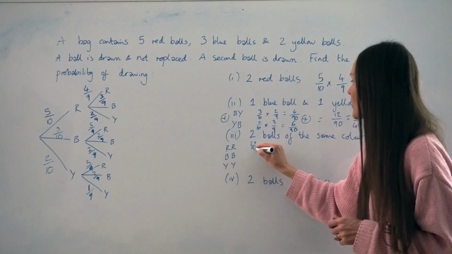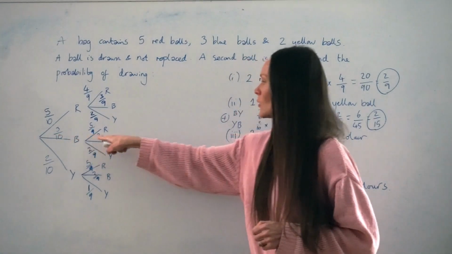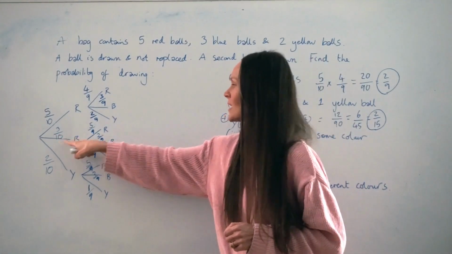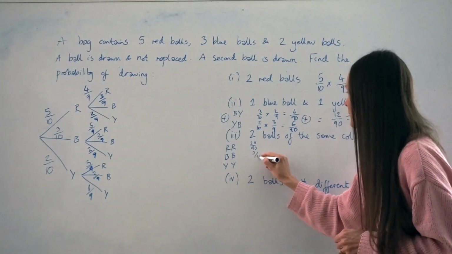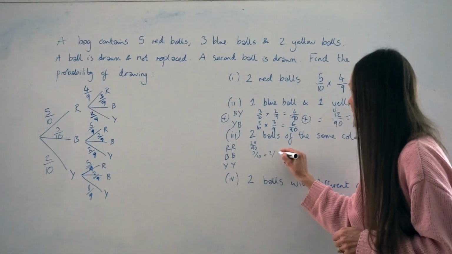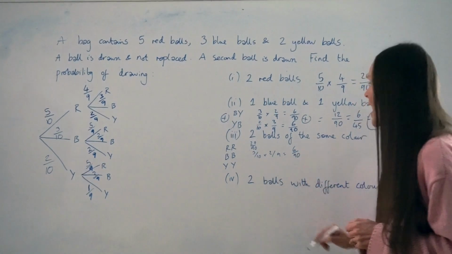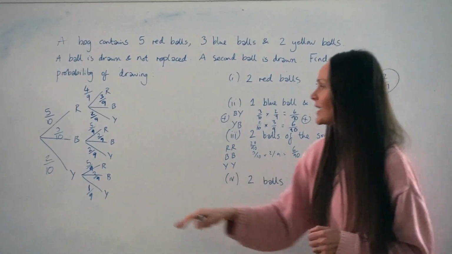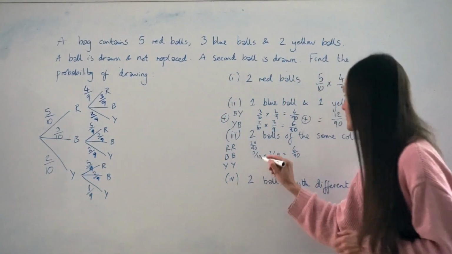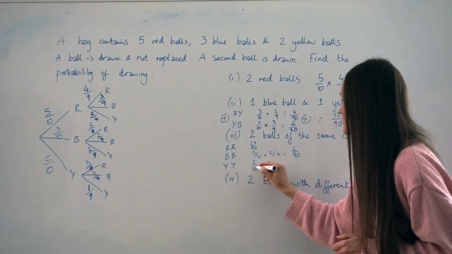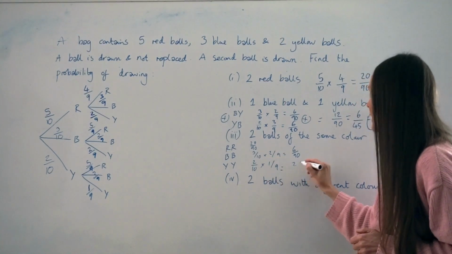Then if we work out a blue followed by a blue, that would be along these branches here, so 3/10 multiplied by 2/9. And if I work that out, I get 6 out of 90. And then a yellow followed by a yellow would be 2/10 multiplied by 1/9. Okay, and that would be 2 out of 90.